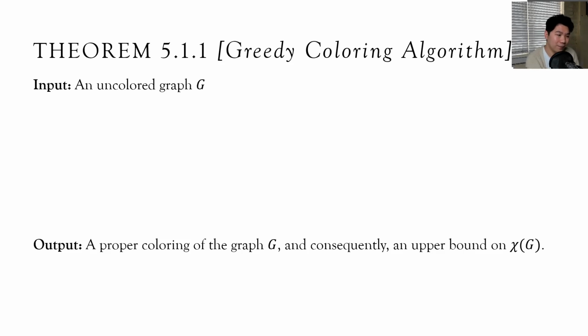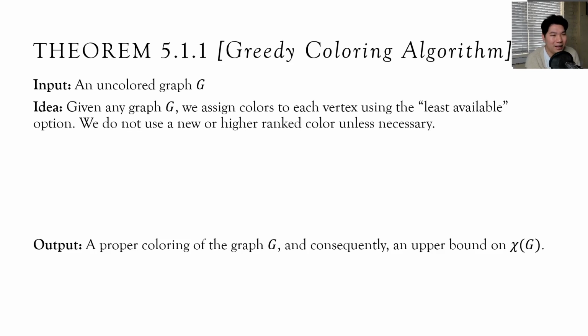So the idea behind this algorithm is that if I take any uncolored graph G, I'm going to assign colors to each vertex using the quote-unquote least available option. And I continue to use the least available option, and I don't use a new or higher ranked label or color unless I really need to. I'm trying to be greedy with my colors. I'm trying to use the least amount possible.